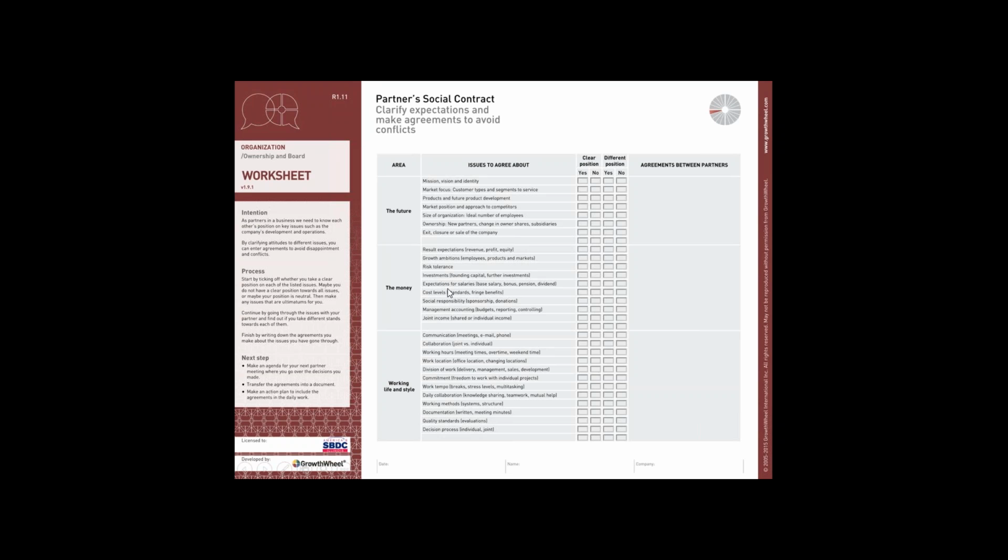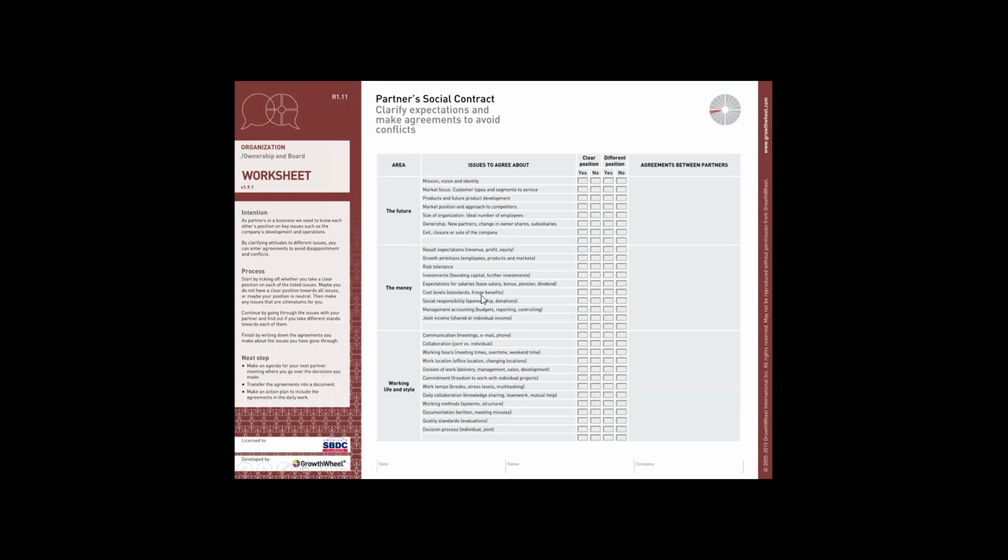What expectations do we have for salaries, both of ourselves and of our employees, which I'm sure should involve thinking about a strong minimum wage when you get there. Cost of living and cost levels. Do we have to make our product or service to certain standards?